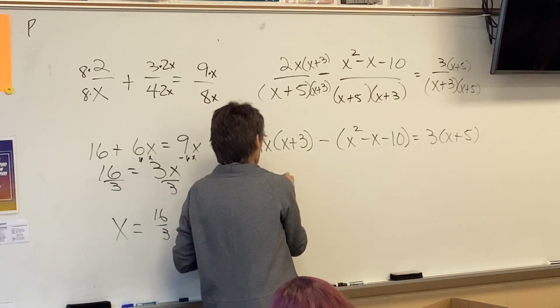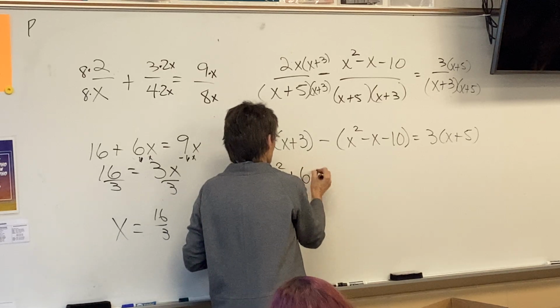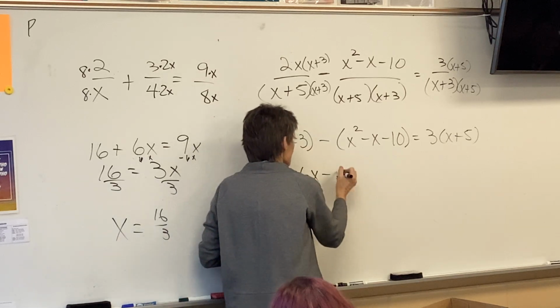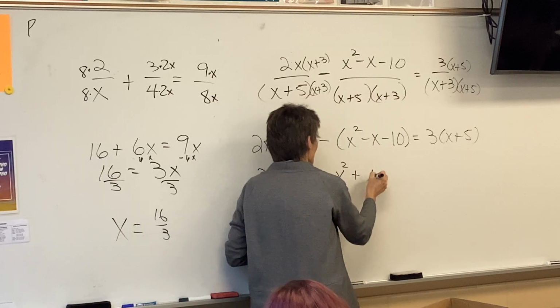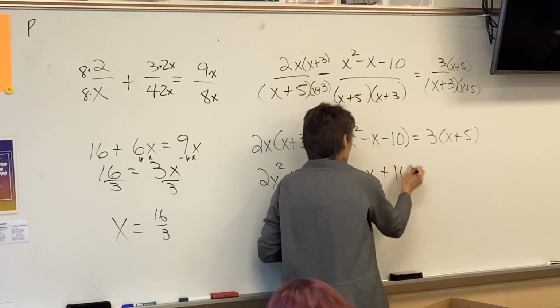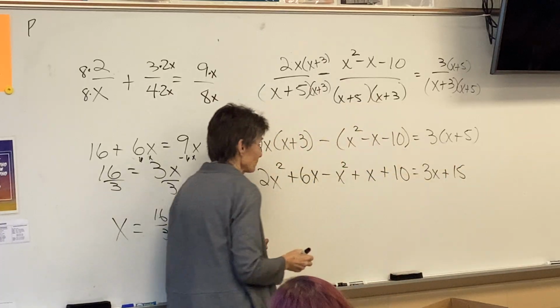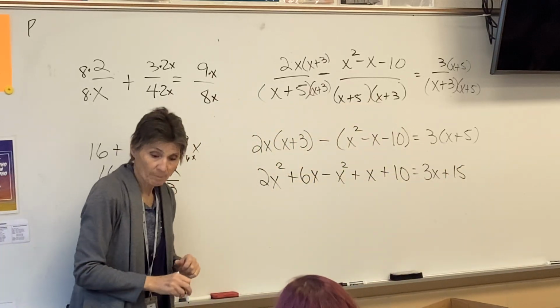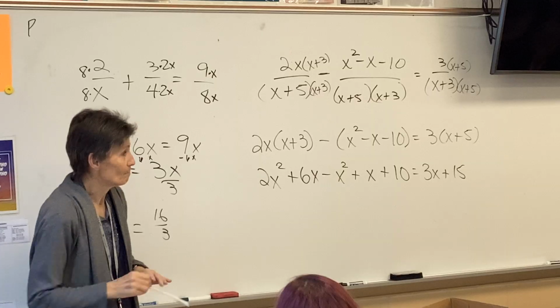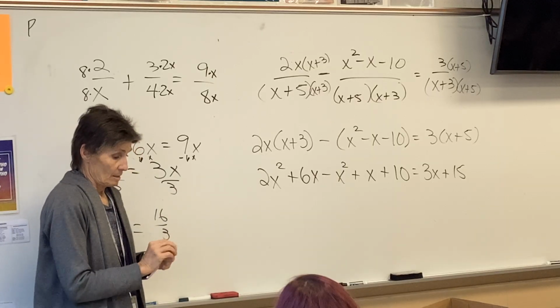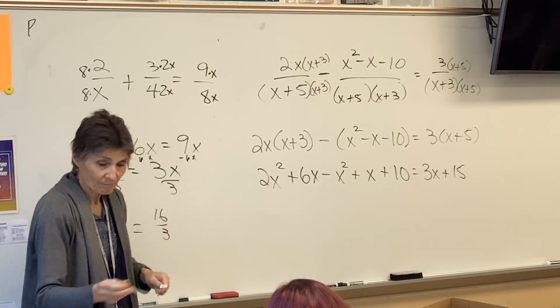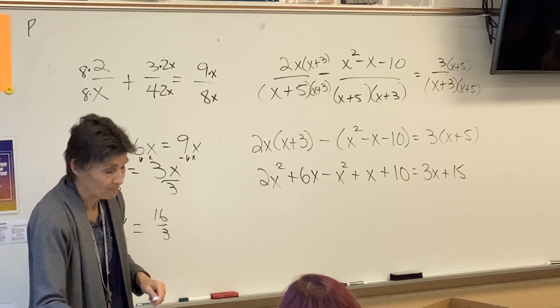So I have 2x squared plus 6x minus (x squared plus x plus 10) equals 3x plus 15. That problem will be easy to mess up. You just have to be careful with every step.